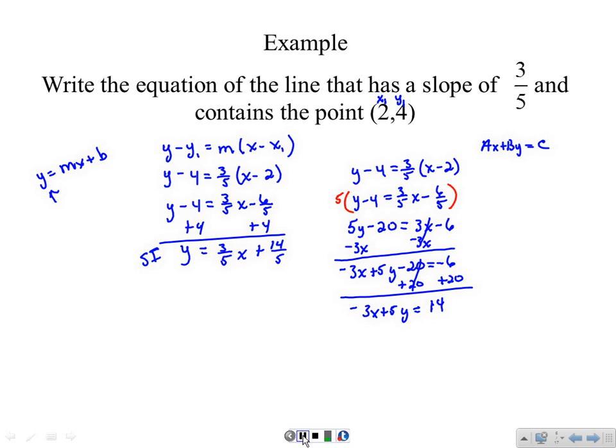And so this is still not standard form because I have that negative leading coefficient, so I need to multiply through by negative 1. So now what I'm going to have is 3x minus 5y is equal to negative 14, and that would be your standard form. So again, you can put it in either way that I ask. You need to be able to put it in either slope-intercept form or standard form.